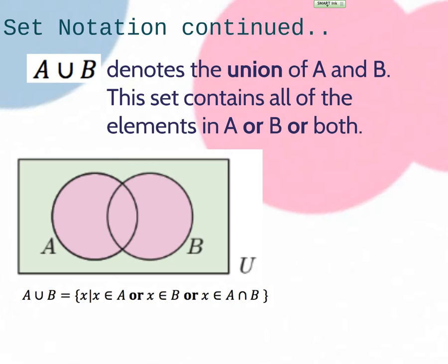Is there any weirdness or any confusion about the difference between intersection and union?